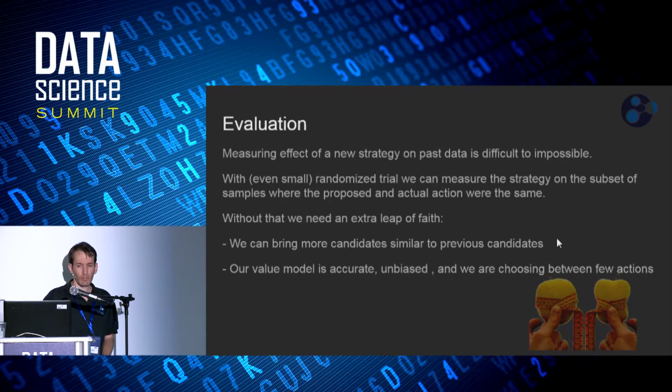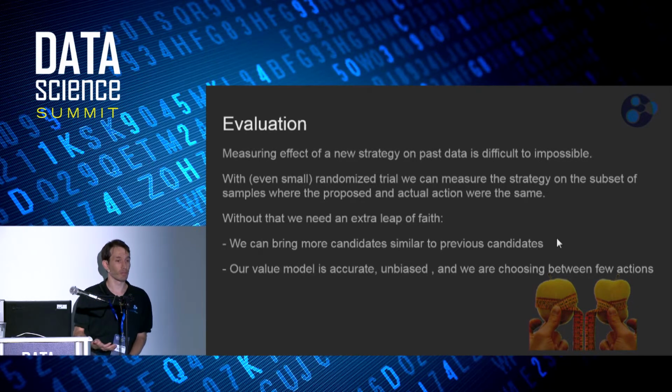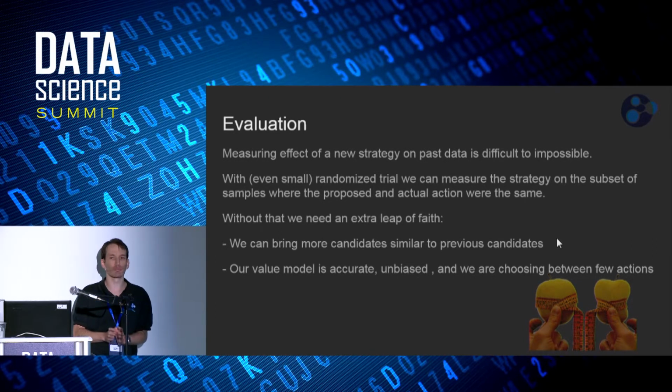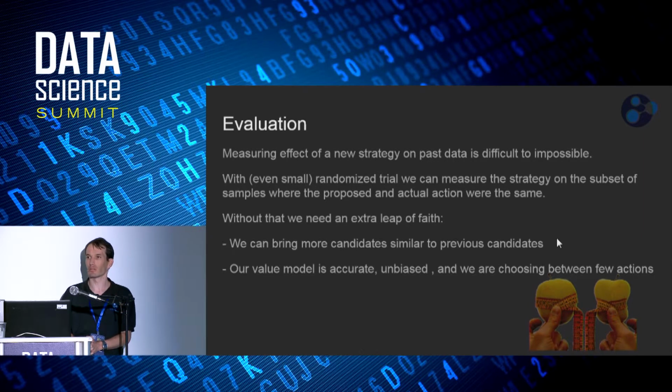The last topic is going to be evaluating. So we want to be able to evaluate our model on past data. Now, the easy option is if we have randomized data again. So if we have even a small amount of randomized data, not enough to train a reasonable model, but it may be enough to evaluate it.